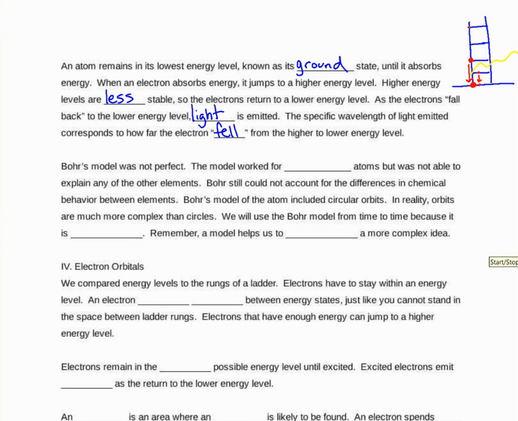Maybe it let off something lower energy like orange. Or let's say an electron fell from the top rung to here. That is a long way to fall. That's a lot of energy. And let's use purple. Purple light has a lot of energy.